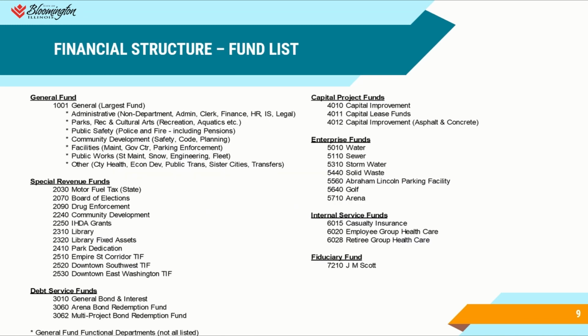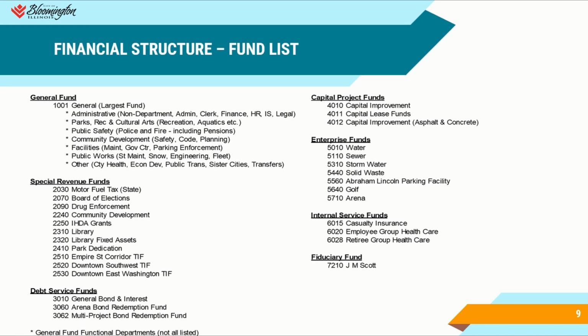Financial structure, fund list. The general fund is made up of a number of departments, including administrative, which include administration, city clerk, finance, HR, information technology, legal, parks and rec, public safety, including police and fire and their pensions, economic and community development, facilities, public works, and other departments.